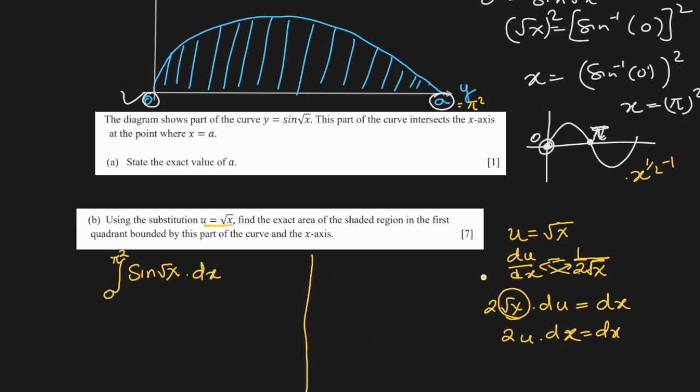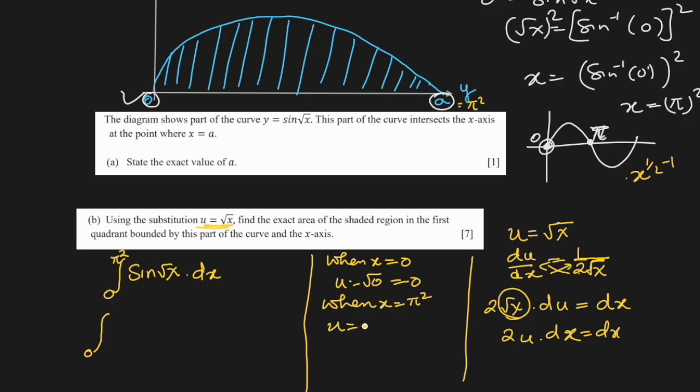When x is 0, u will be square root of 0, which is 0. That means our lower limit remains 0. When x is pi squared, u will be square root of pi squared. This cancels, so we get pi here.